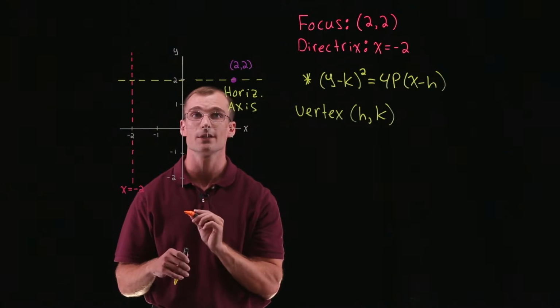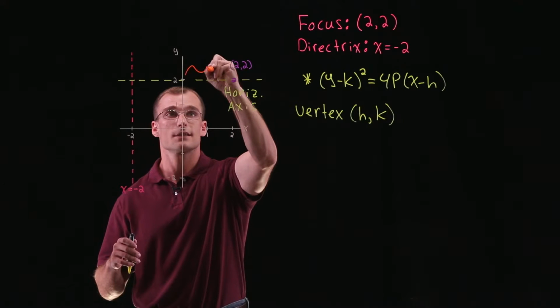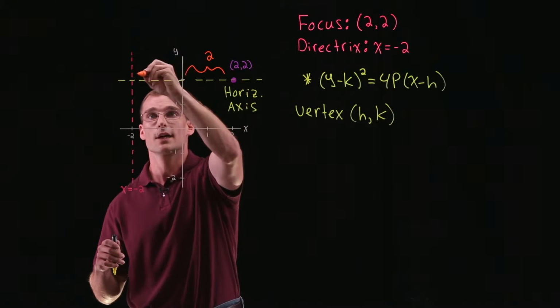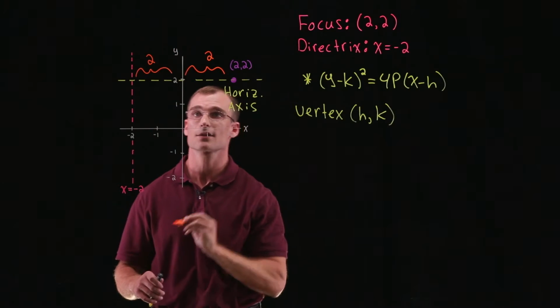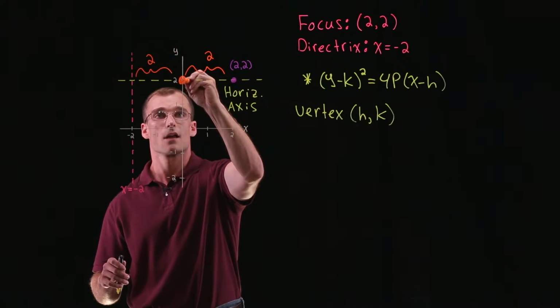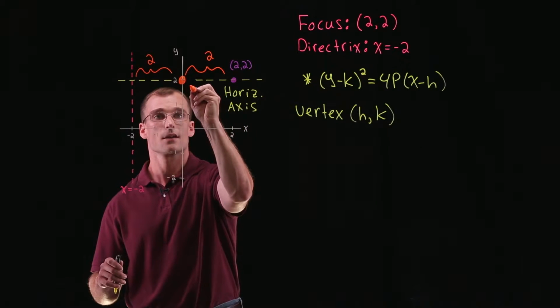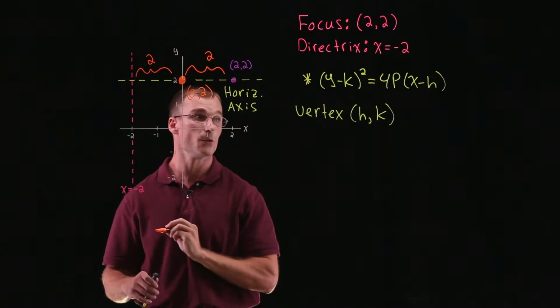Half that distance would be 2. So taking the point that is 2 away from the focus and 2 away from the directrix, that looks like we have the point right here. So our vertex is going to be at x equals 0, y equals 2.